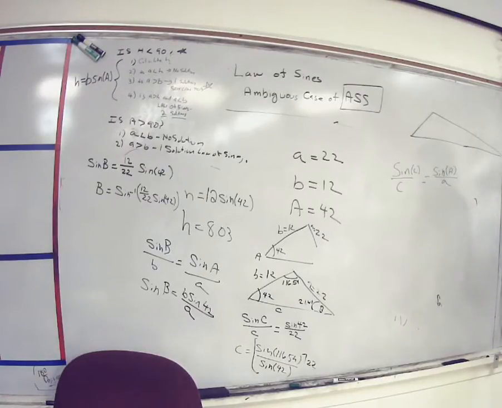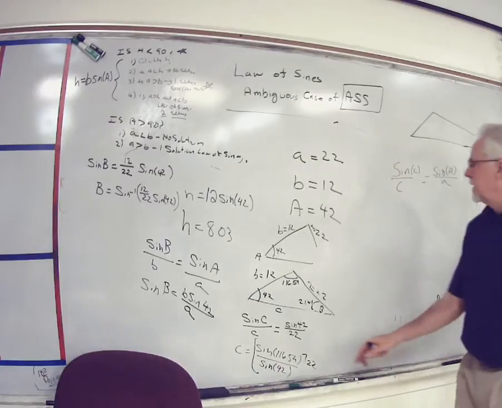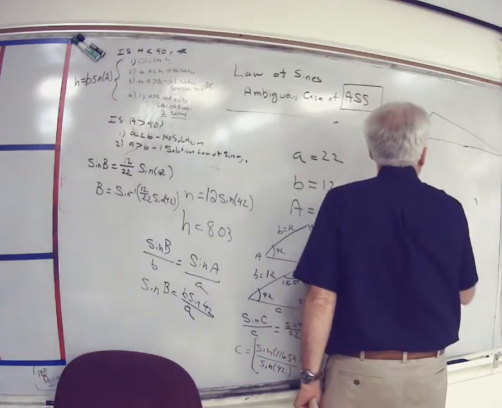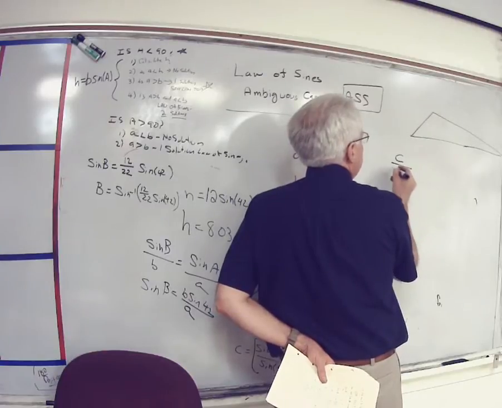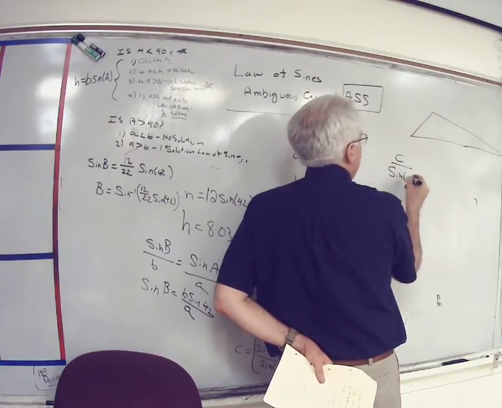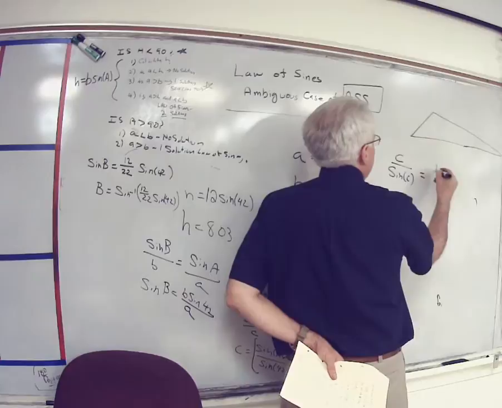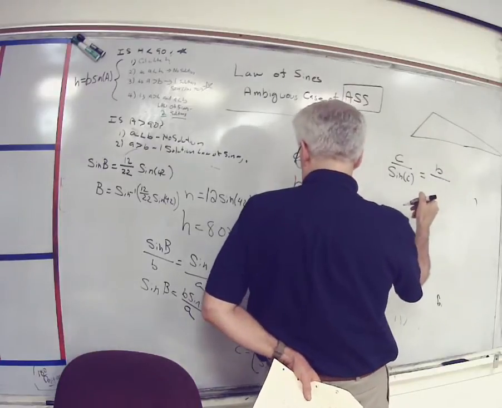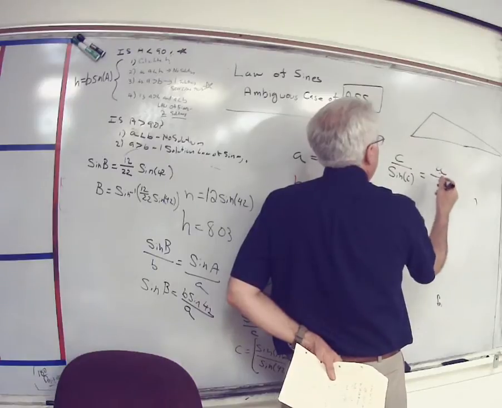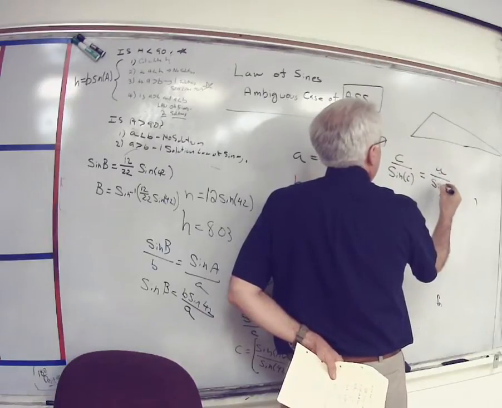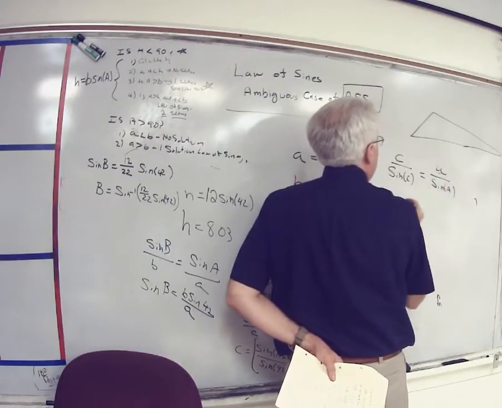Yes. It's more simply done if we just start with C over sine of C. It's much easier to see. It's the same answer, right? Little c over sine of big C is equal to little a over sine of A, right?